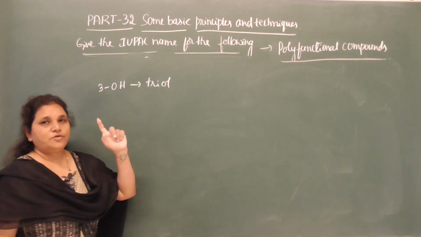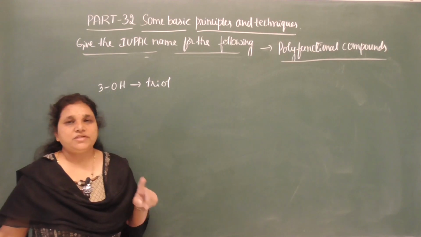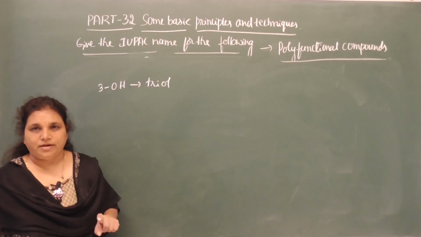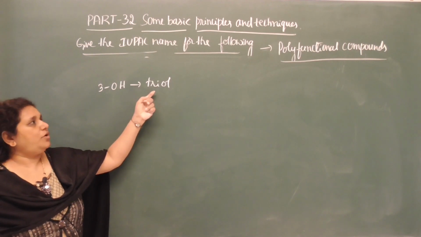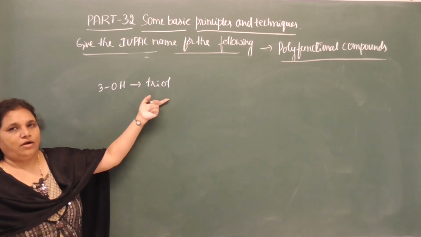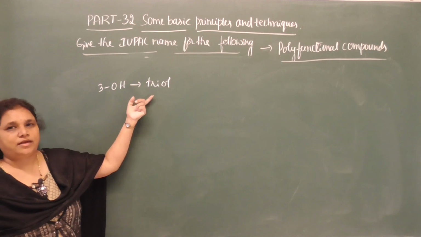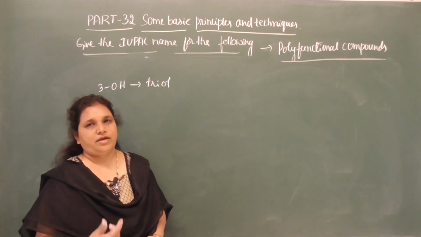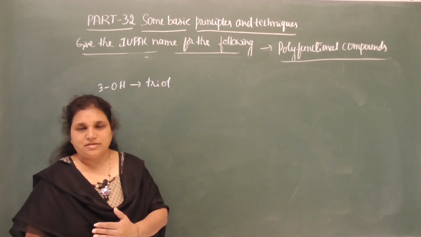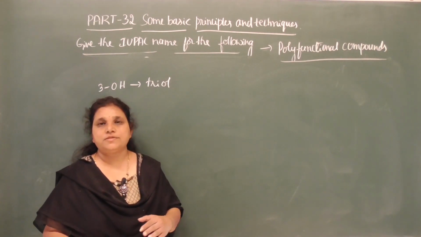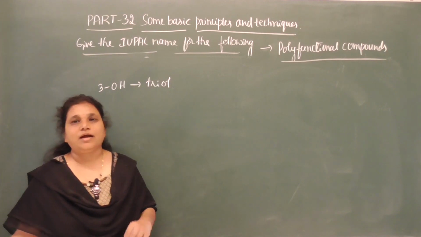The OH group is a functional group which does not contain a carbon. So this is not a problem, because when we are using 2 OH groups, we use diol, and if 3 OH groups are there, definitely we can use triol.